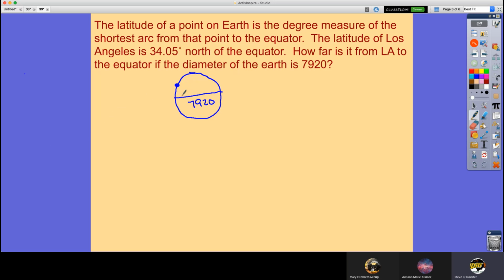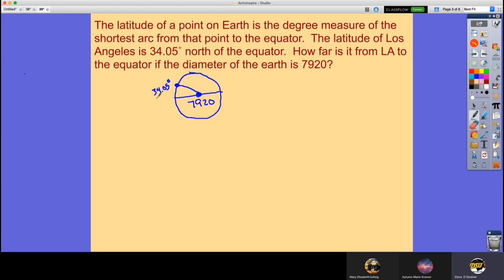So what they're saying here is the arc measurement between the equator and LA is 34.05 degrees. Now if we looked at this two-dimensionally and drew a line right into the center of the Earth, this angle that would work with the equator would also be 34.05 degrees.